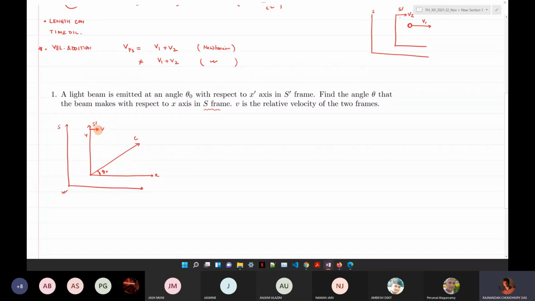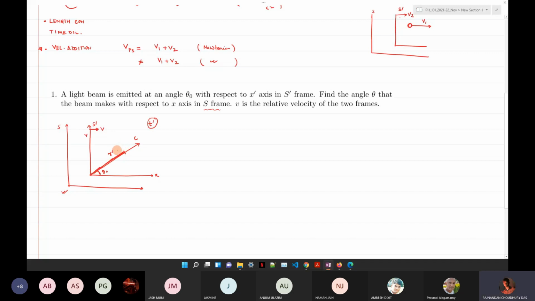Now suppose in S prime we see what is happening in t prime time. The light will travel some path. Suppose it has traveled some r prime distance, this distance.